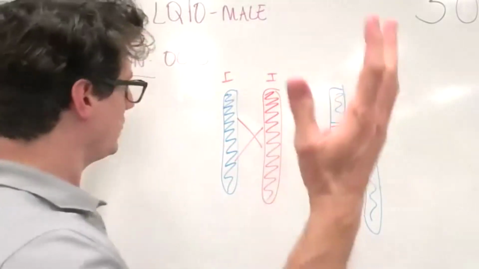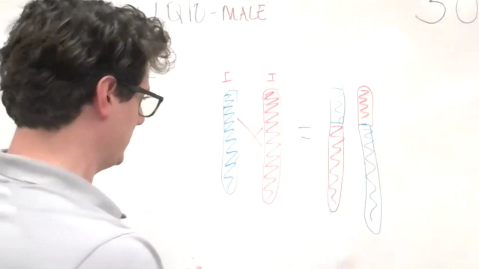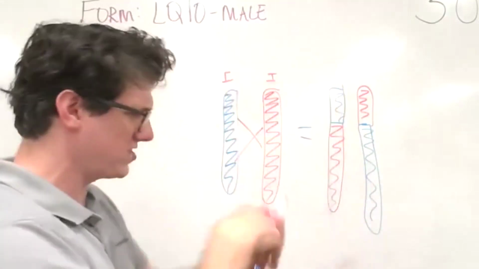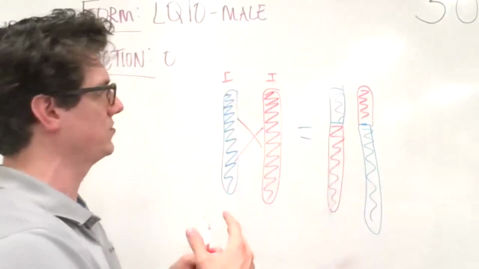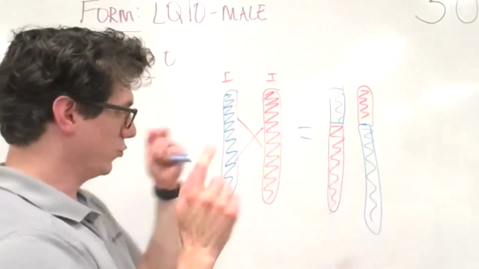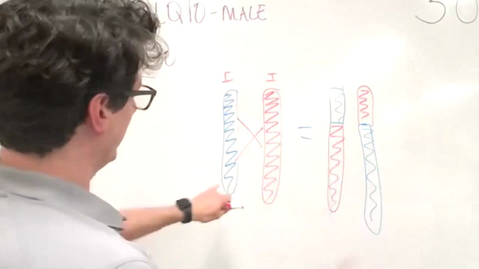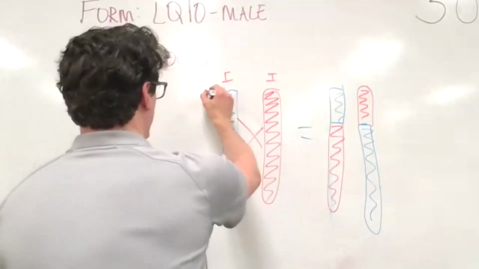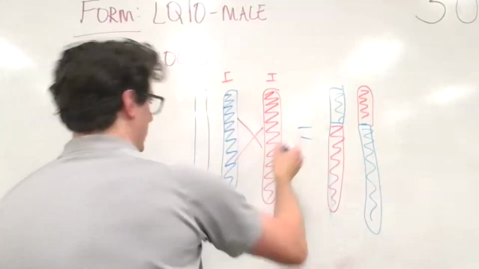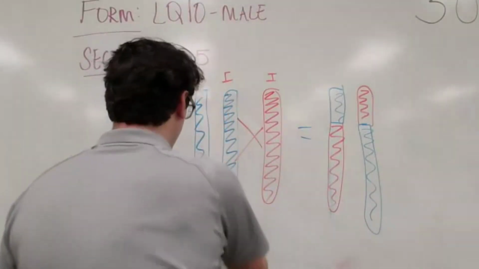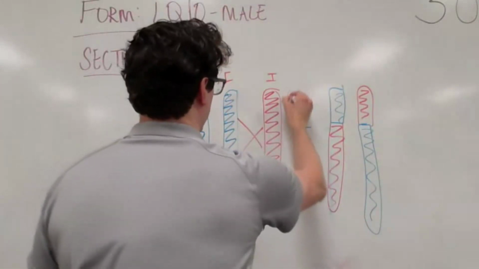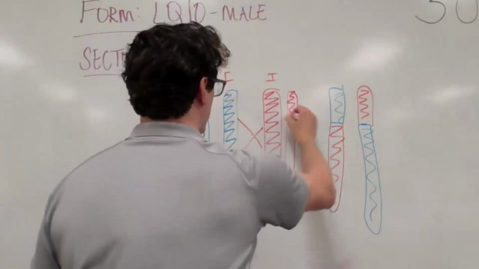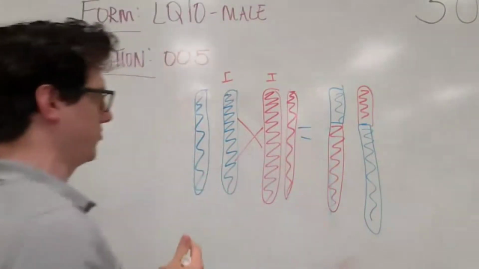So say we have a normal cell. Our first part of meiosis is actually going to be the replication of DNA. Well, if we start with 1 and we replicate it, what are we going to end up with? We're going to end up with 2. So then we're going to have 2 copies of maternal chromosome 1 and 2 copies of paternal chromosome 1.